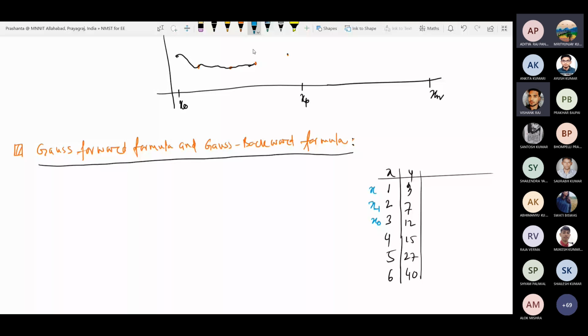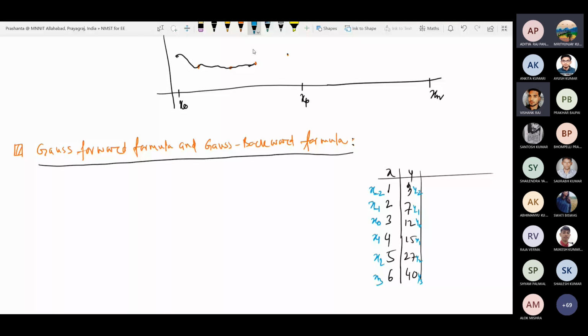What will be the name of the element 4? x1. Then x2, x3, and similarly the y values will be y minus 2, y minus 1, y0, y1, y2, y3. So it will depend on which element you choose as center.